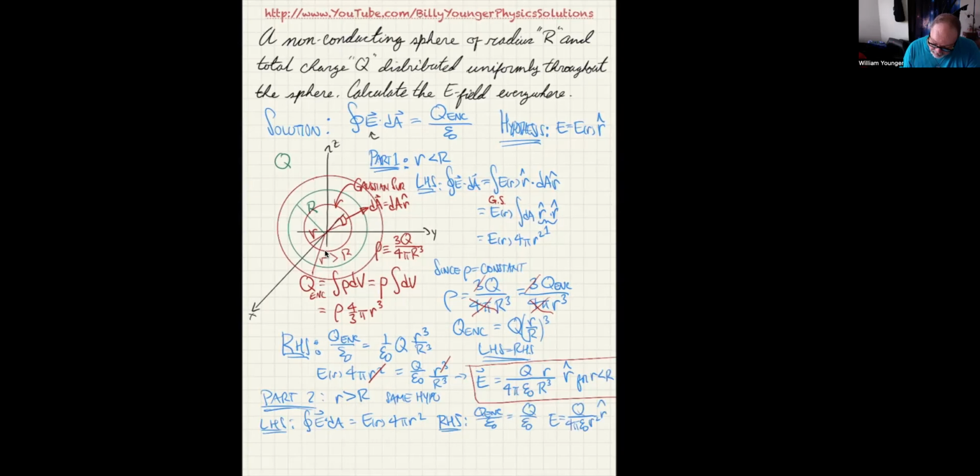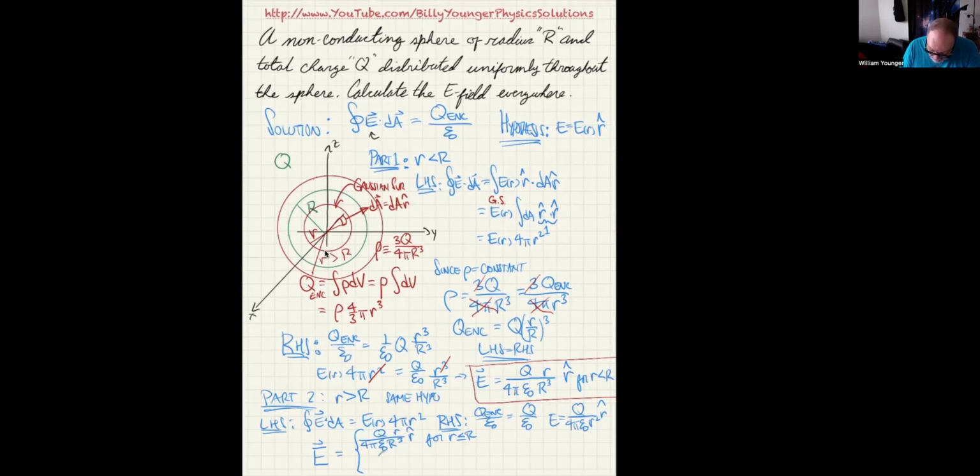So in fact, we can write our electric field E as a piecewise function. The piecewise function is Q over 4 pi epsilon naught big R cubed times r times r hat for r less than or equal to big R. If you'll notice, it actually turns out to be the same thing when r equals big R. That's why I made it continuous now and said less than or equal to.